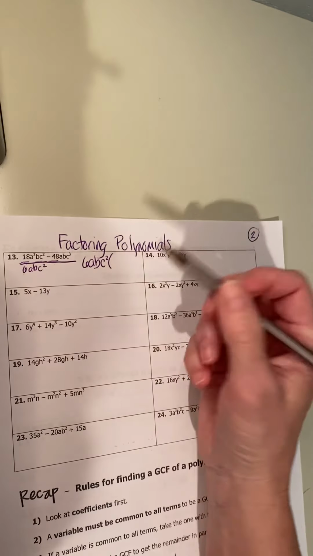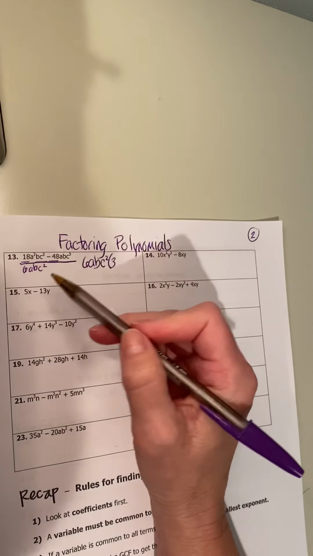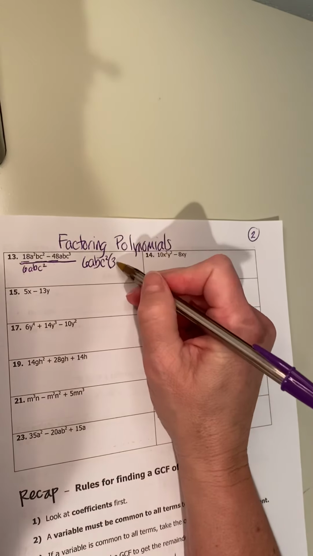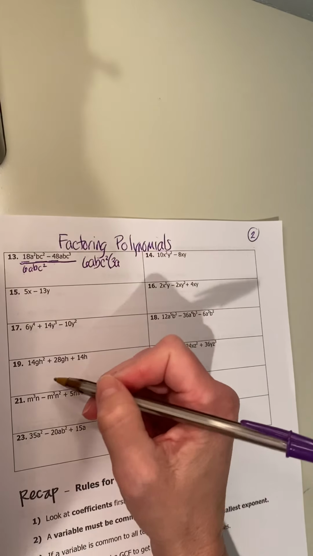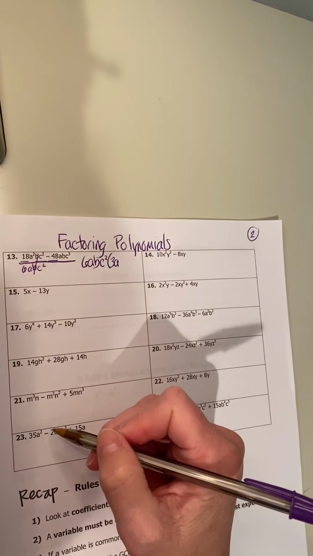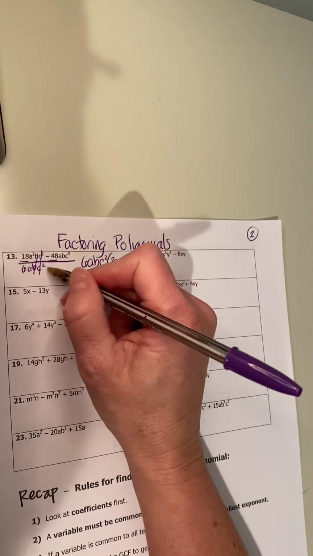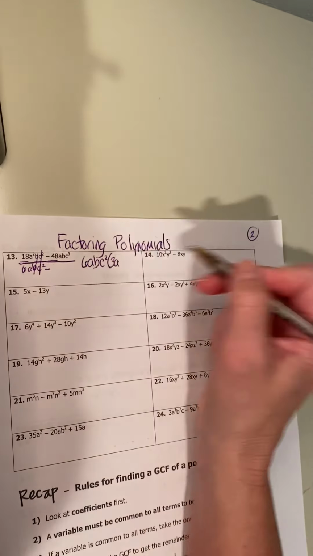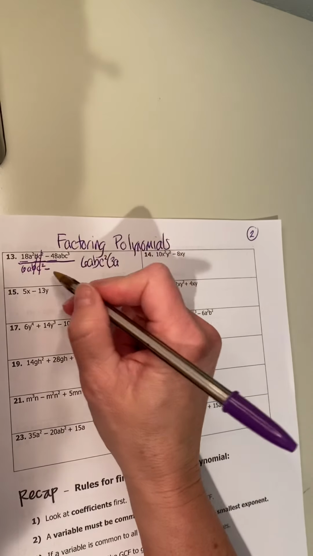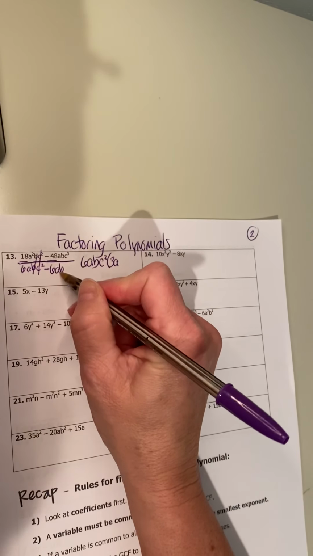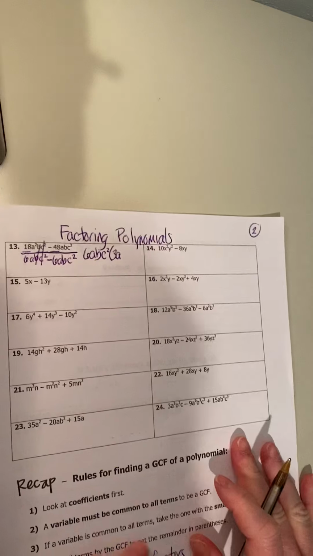18 divided by 6 is 3. A squared divided by a is a to the first. The b's are going to cancel. The c squareds are going to cancel. I guess I do need to write this twice. Now I'm also going to divide this term by 6abc squared.